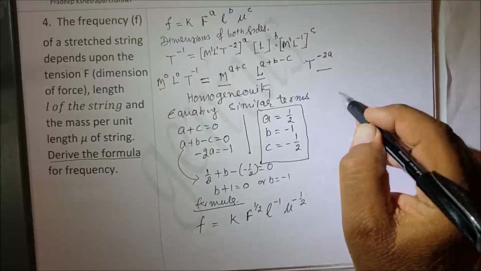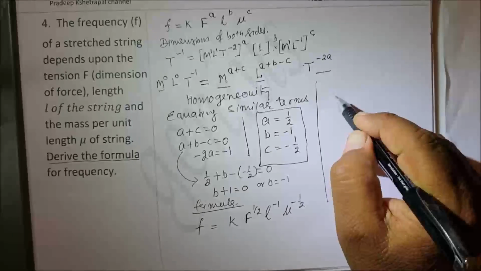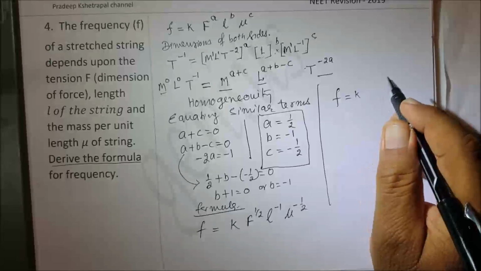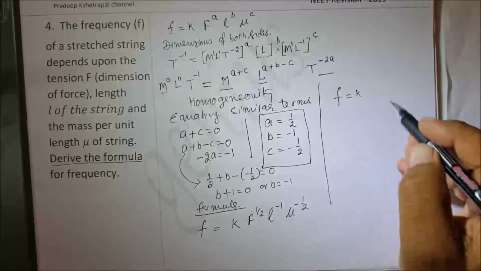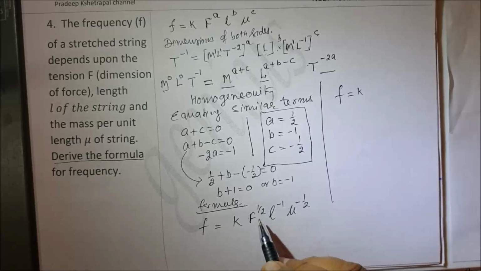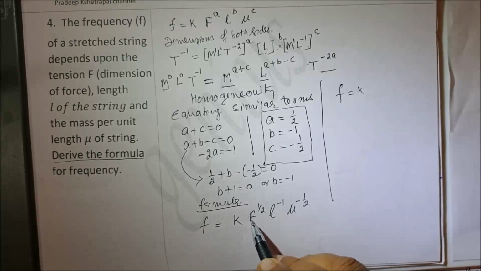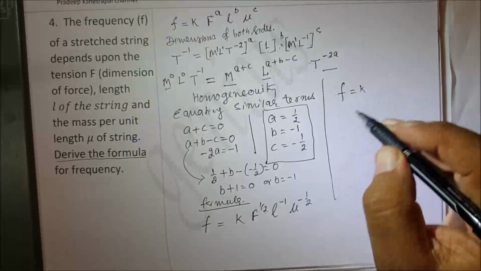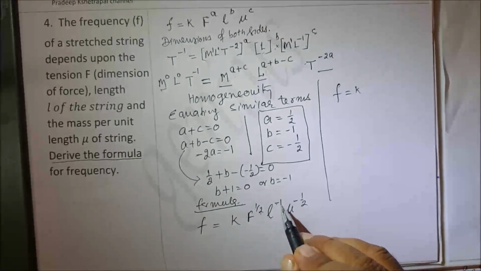So this becomes F is equal to constant, then within the square root is F, within the square root is mu, and this is L to the power minus 1.